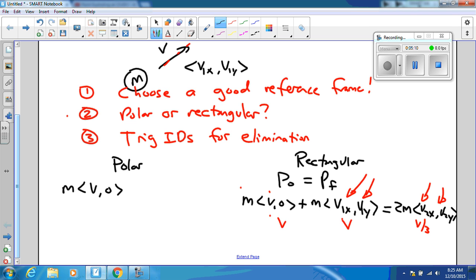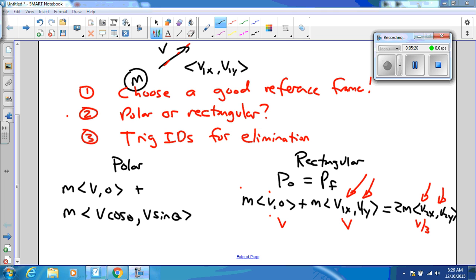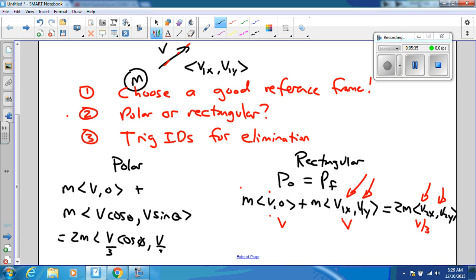The polar form would look like this. I still have v comma 0 for the first one, plus. And now, for the next one, I would represent the velocity as v cosine theta, comma, v sine theta. And that now equals 2m times v over 3 cosine phi, v over 3 sine phi.